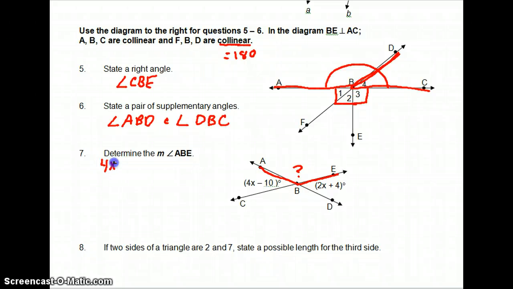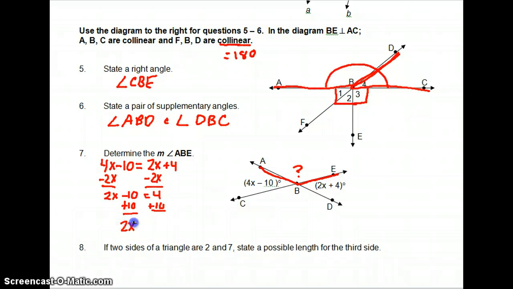4x minus 10 equals 2x plus 4. Subtract the small x from both sides. This is 2x minus 10 equals 4. We're going to add 10 to both sides. 2x equals 14. Therefore, x equals 7.